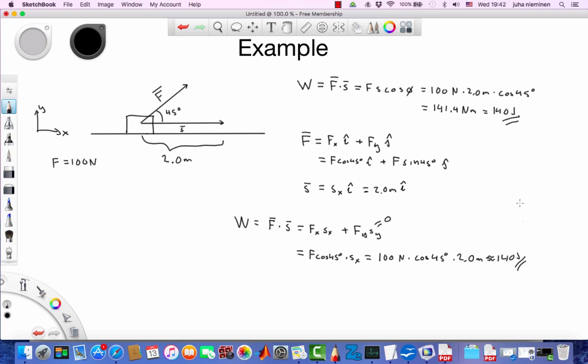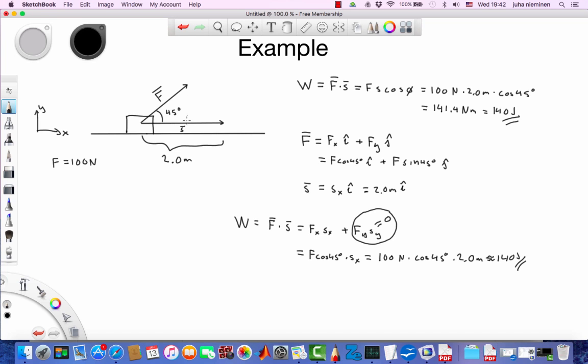More interesting than the fact that we got the same result is this here. Pretty much what this is saying is that the work done in the y direction is 0, and that is because the displacement has no component in that direction. So using the dot product, we are only picking up the component of force F in the direction of S, and that is all that matters.